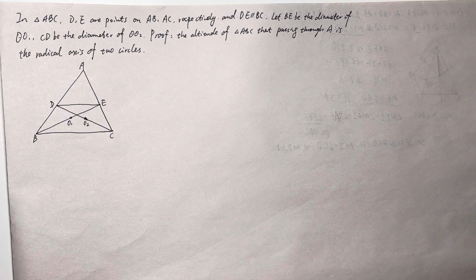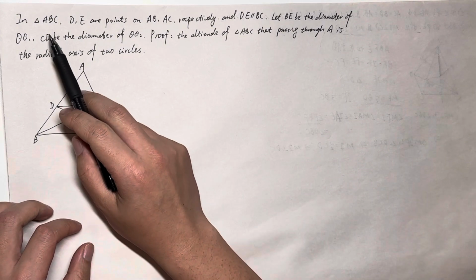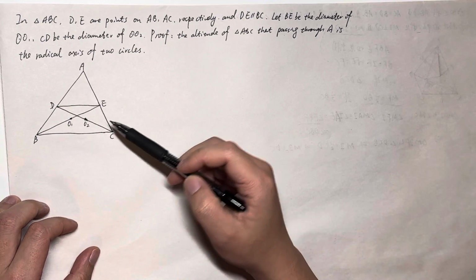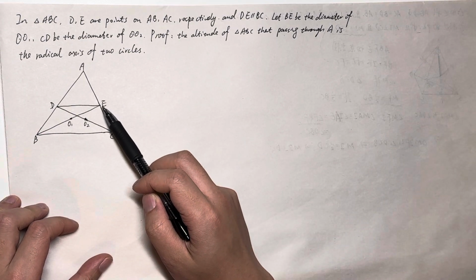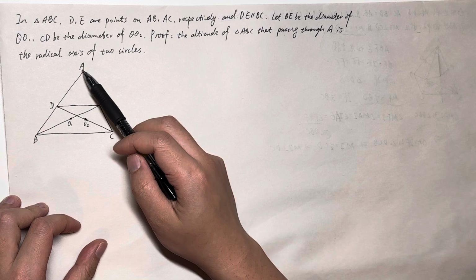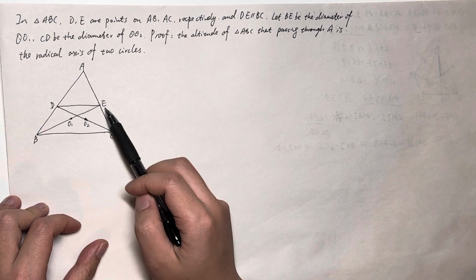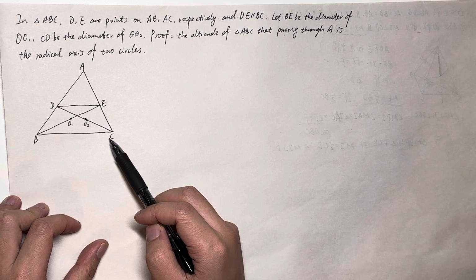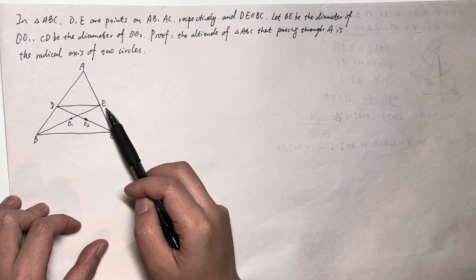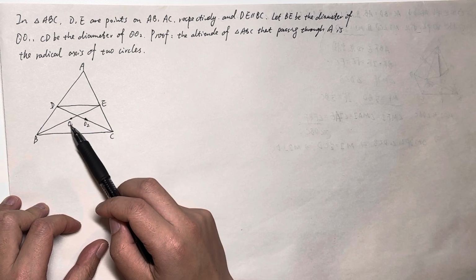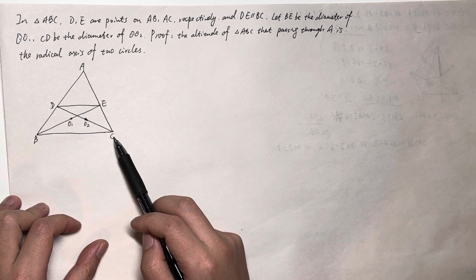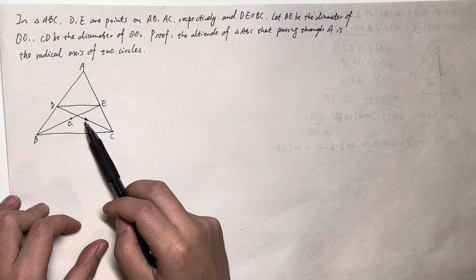Let's see the problem. In triangle ABC, D and E are points on AB and AC respectively, and DE is parallel with BC. Let BE be the diameter of circle O1, and CD be the diameter of circle O2.